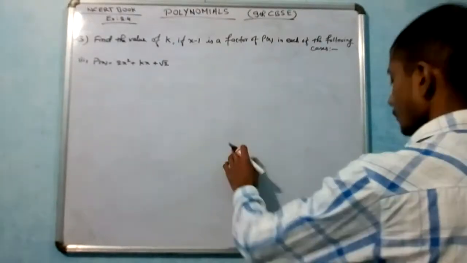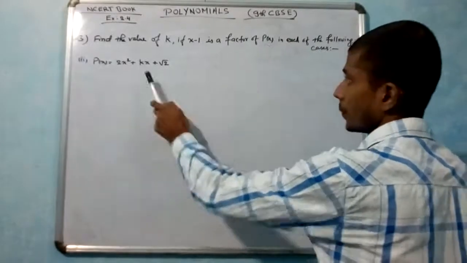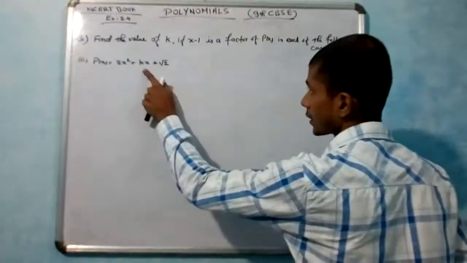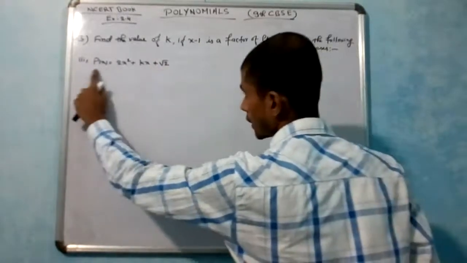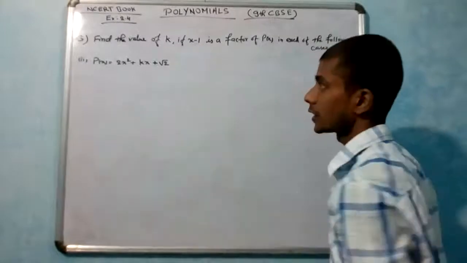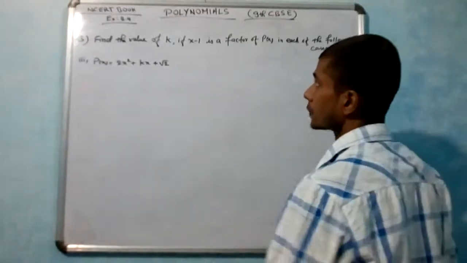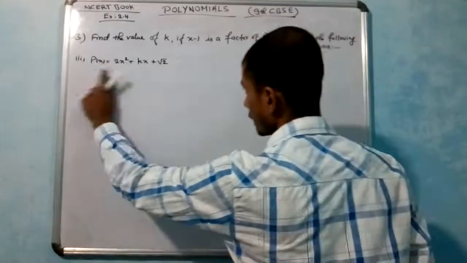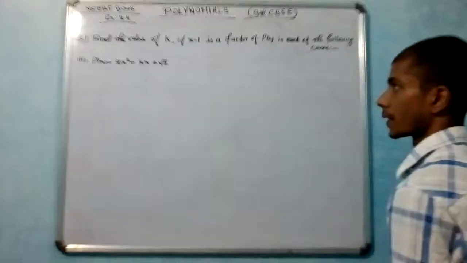Now see, it's telling that x minus 1 is a factor of p(x). So if x minus 1 is a factor, then on dividing this p(x) whole by x minus 1, what should be the remainder? 0. If some number is a factor of a given number, then dividing the given number by it, the remainder must be equal to 0.